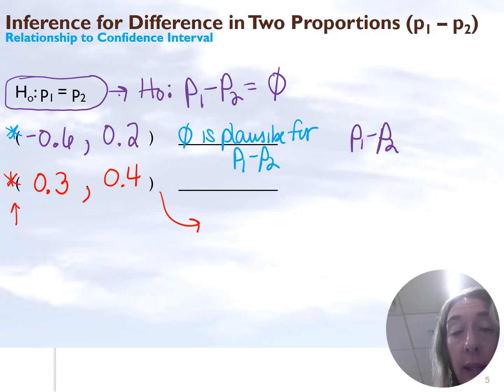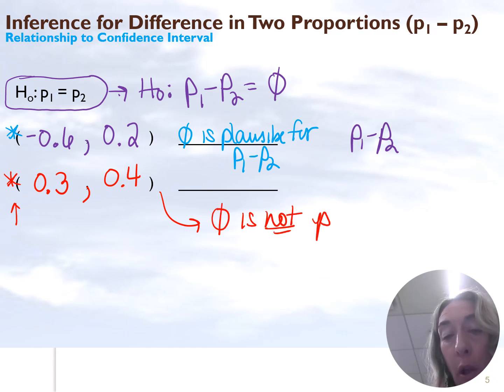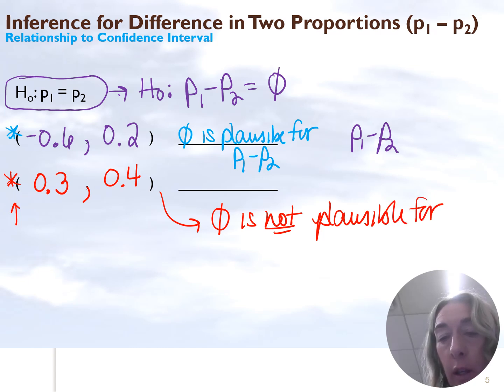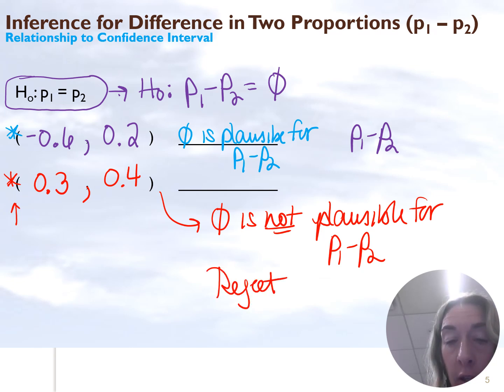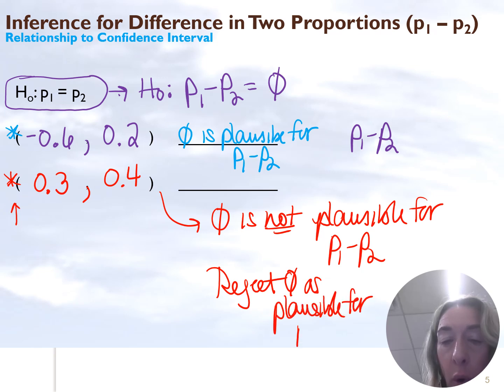So in this case, 0 is not plausible for the difference in the two proportions. We would reject 0 as plausible for P1 minus P2. So we would end up rejecting the null hypothesis in this case.